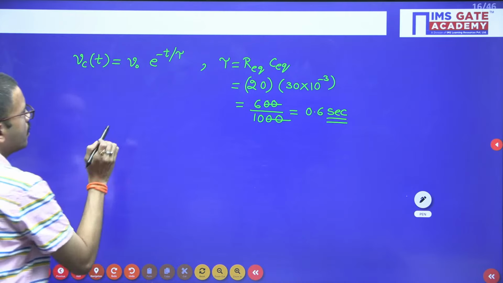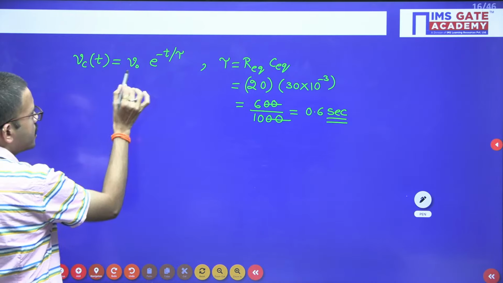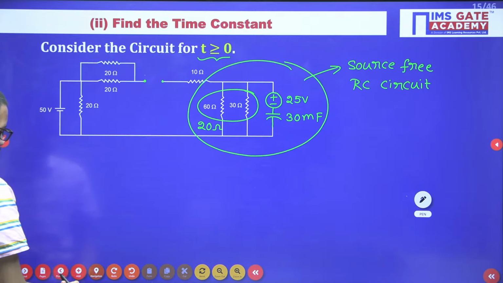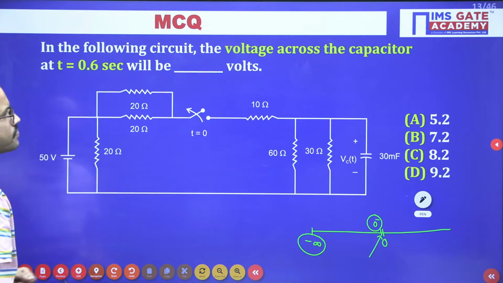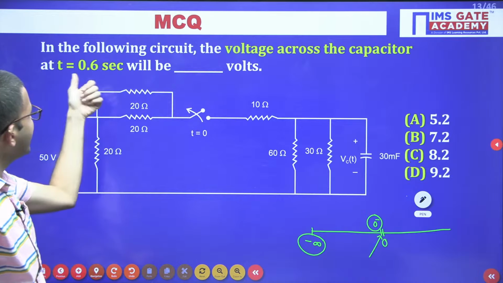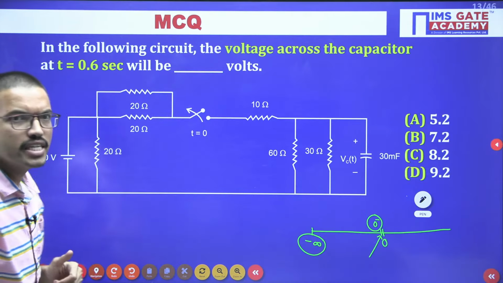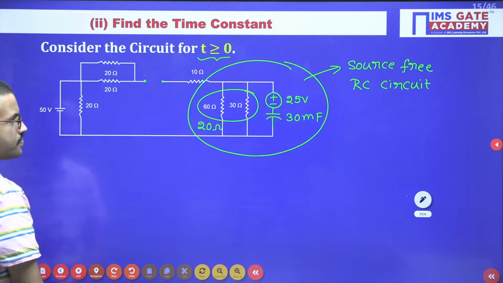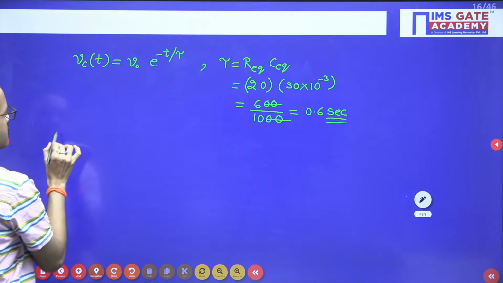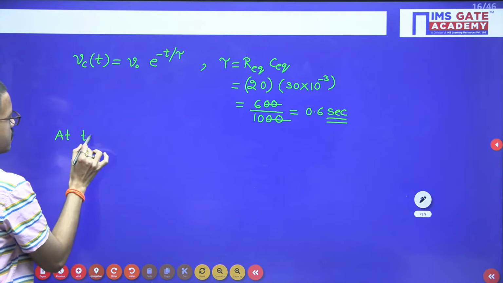Now in the question they are asking to calculate the voltage across the capacitor at what instant? Calculate the voltage across the capacitor at t equal to 0.6 seconds. So consider t equal to 0.6 seconds.